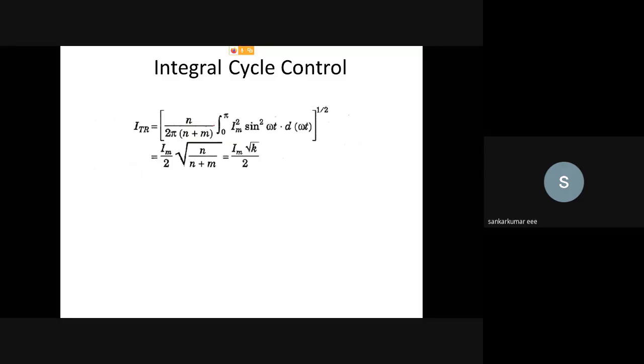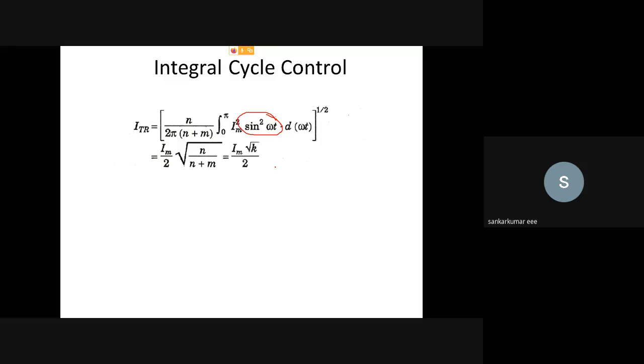Similarly, we can calculate the RMS value of thyristor current. All remaining things are the same, but we have to take the square and then the square root. Here also we have to integrate sin square omega t, which we have already explained in both the slides. Sin square omega t can be written as 1 minus cos 2 omega t by 2.